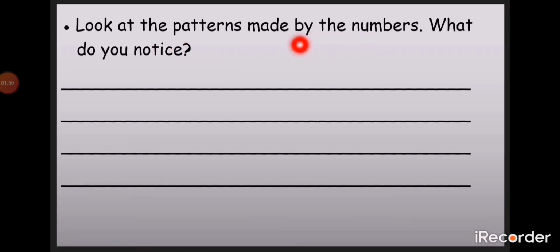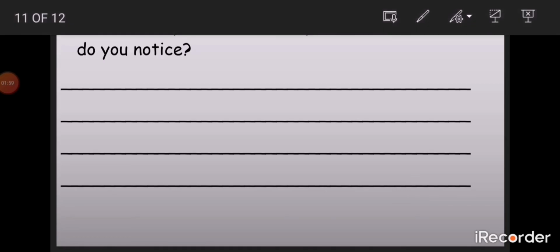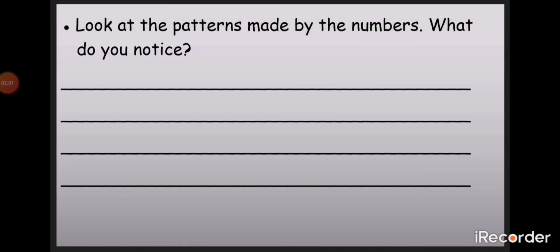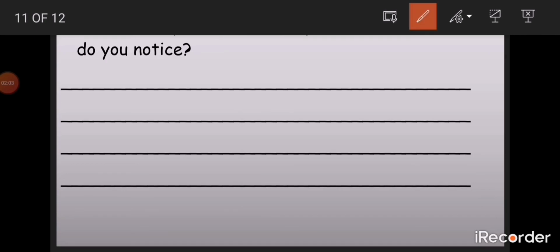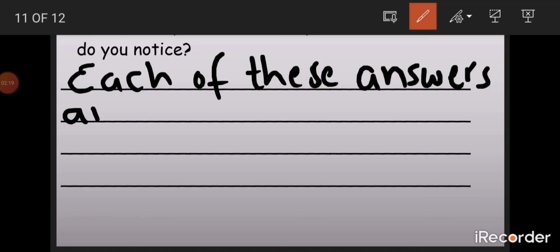Now, look at the pattern made by the numbers. What do you notice about these numbers? You can see the ending digit of each number is 0, 2, 4, 6, 8. They are ending on these numbers. So this means they are all even numbers. So we will write here: each of these answers are even numbers.